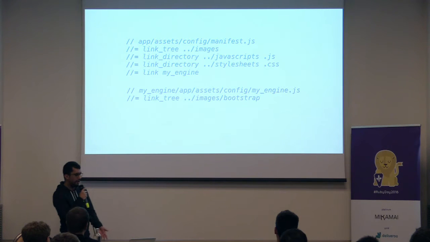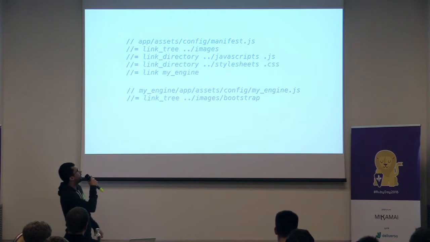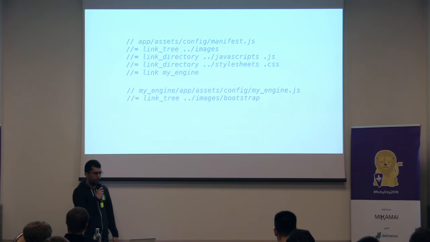In that case, my engine is another manifest file that adds all the bootstrap images. It's one example of where you can use that kind of directive.